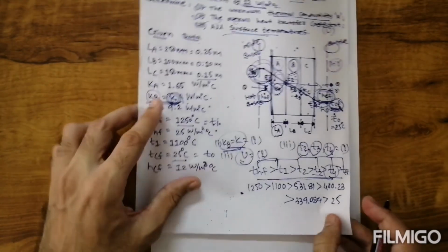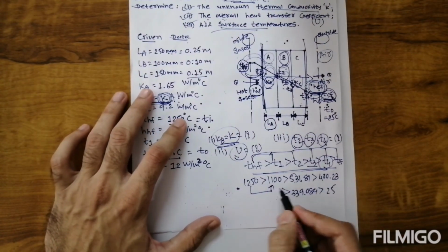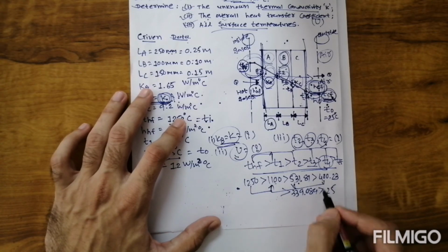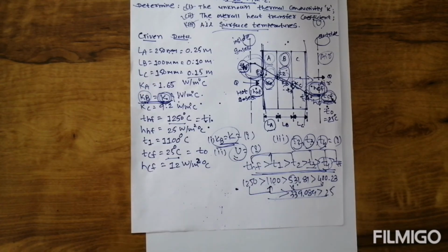You can see here 1250 is greater than 1100, so this condition is satisfied. It means our example is right.